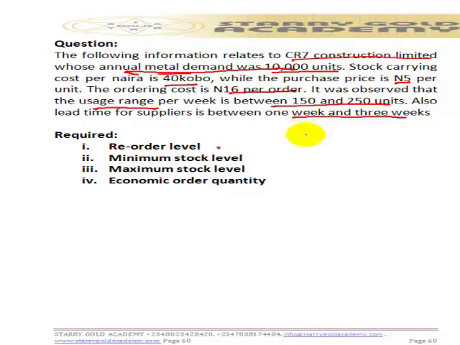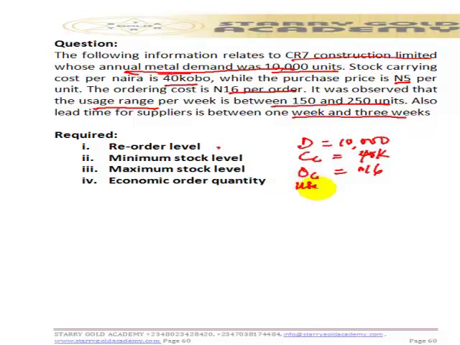So from what we have in this question, we have the annual demand, which is 10,000 units. We also have the carrying cost, which is 40 kobo. We have ordering cost, which is 16 naira.